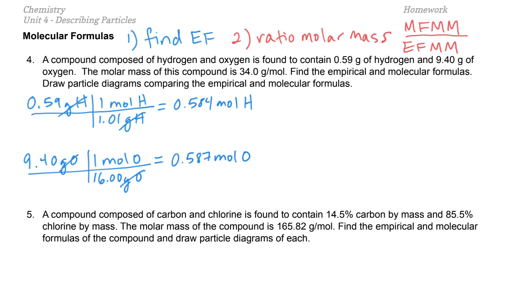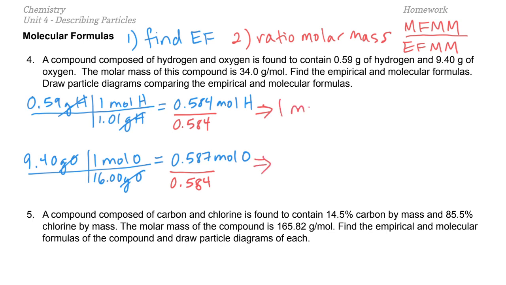And now we find the mole ratio. We divide by the smallest number, but you may have already noticed these are, although they're not exactly the same number, very close to the same number. We won't have anything that's not a whole number ratio until number 6, and I'll talk about how to deal with that at the time.